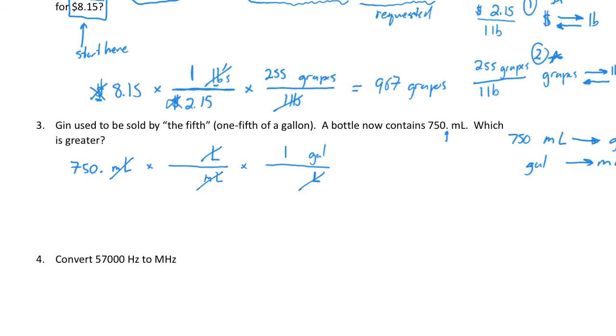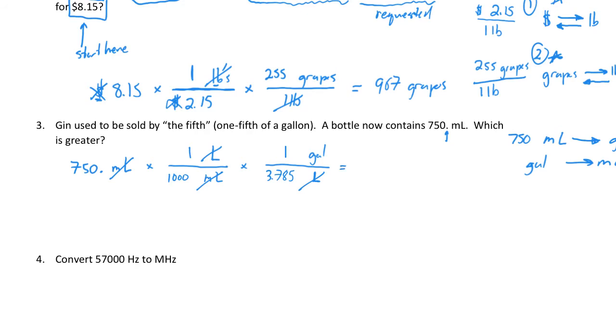1 gallon is 3.785 liters, and that has 4 significant figures. And now we need our metric conversion. 1 liter is equal to 1,000 milliliters. And now we can actually do this computation.